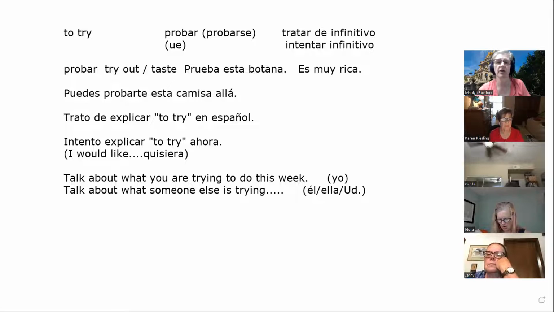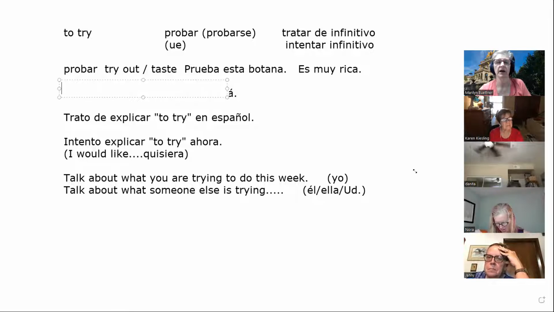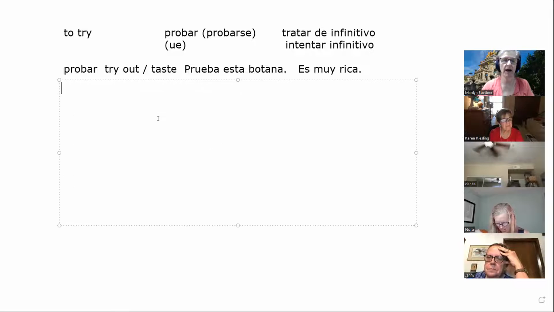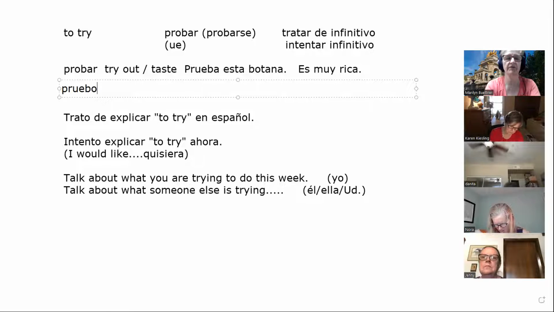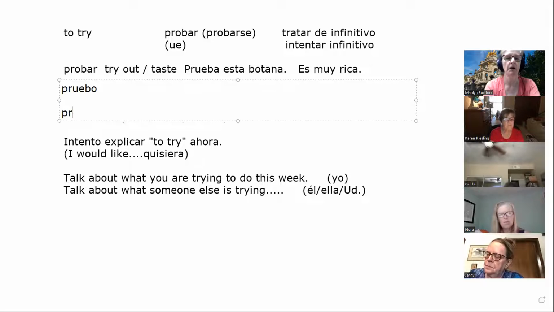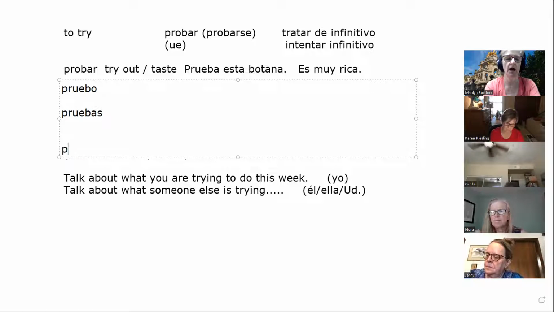We're going to take a look at how we use this probar verb, okay? So that you feel comfortable using it. Pruebo, la forma para yo, ¿sí? Pruebas, you are trying something.